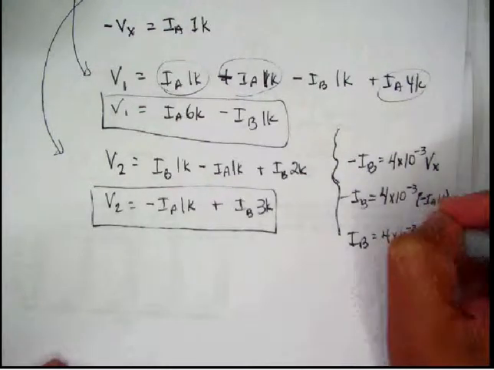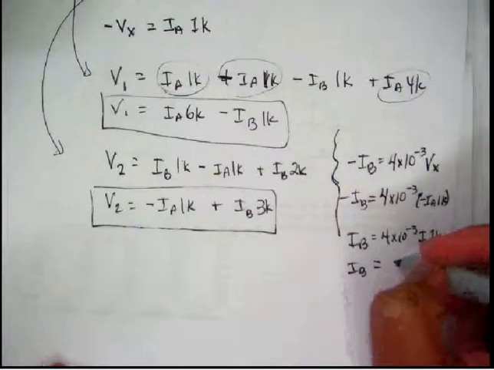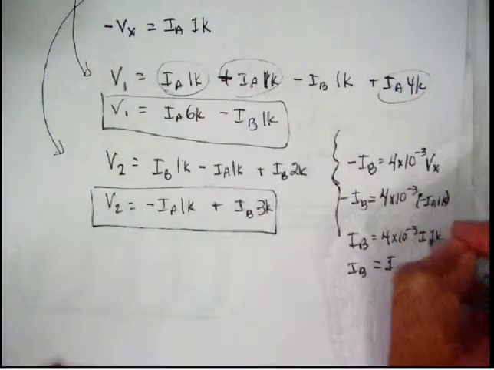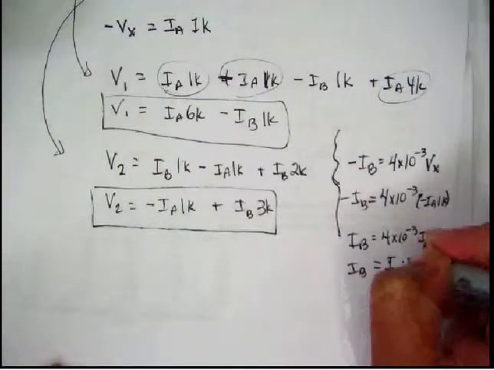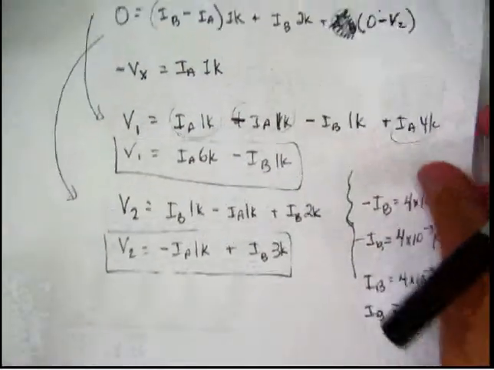The 1K and the 10 to the minus 3 cancel, so we have IB is conveniently equal to IA times 4. So let's go plug that in.